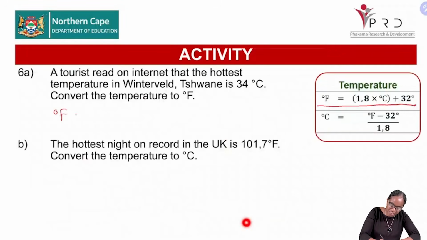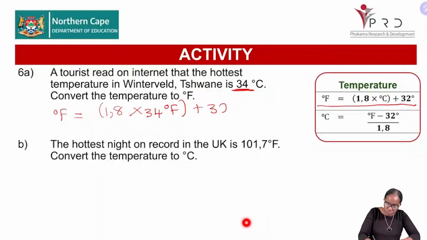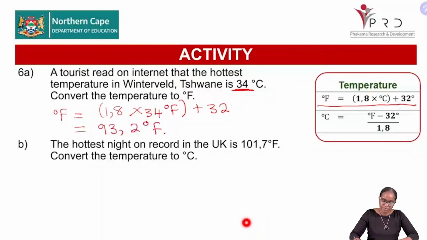So the temperature in degrees Fahrenheit will be obtained by the formula 1,8 times the temperature in degrees Celsius plus 32. What do we get, class? You punch that in your calculator, you should be able to get 93,2 degrees Fahrenheit.